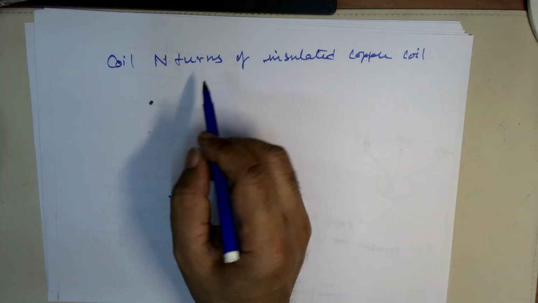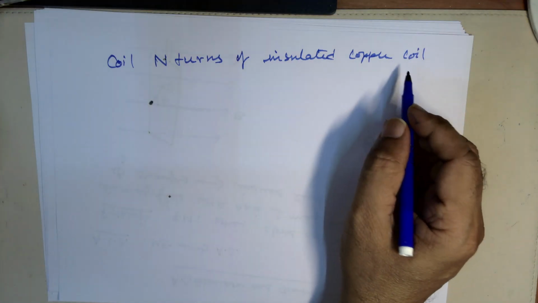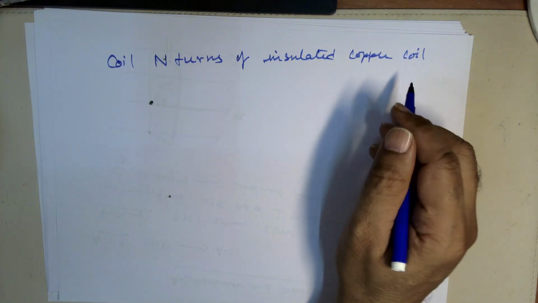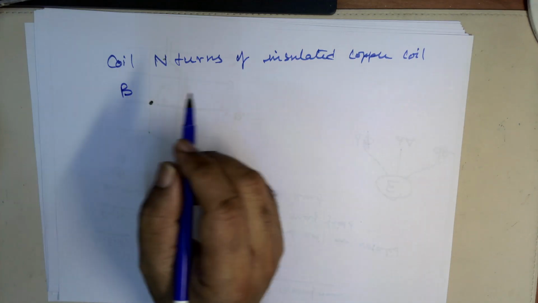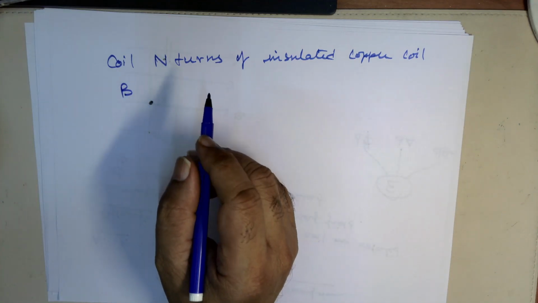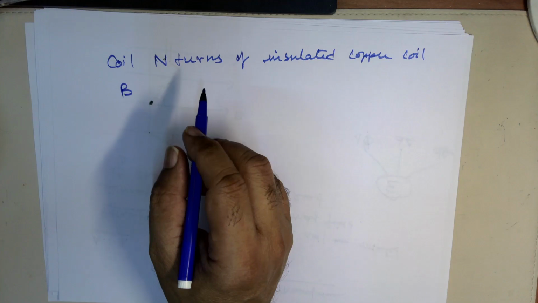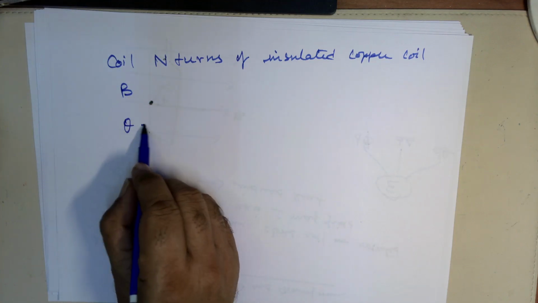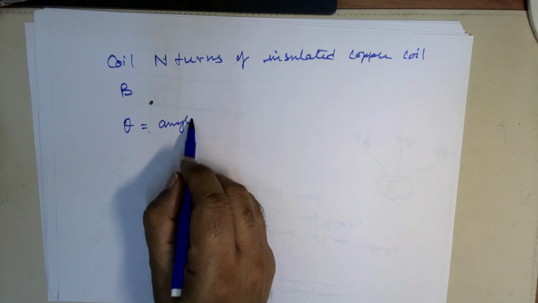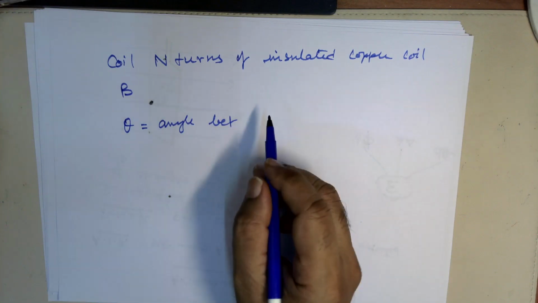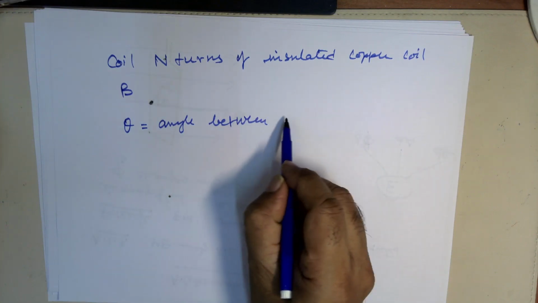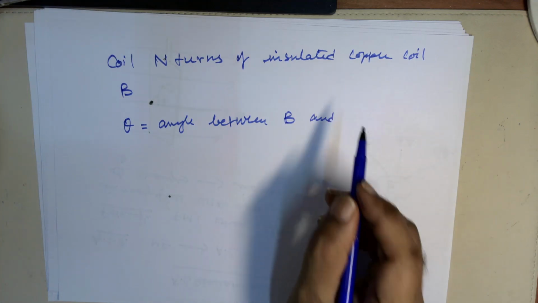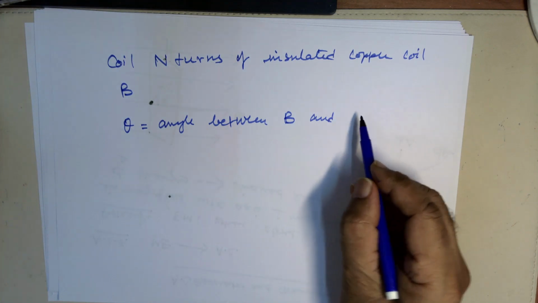Now this coil of n turns of insulated copper coil. Next one. The magnetic field is B. Listen to me very carefully. What is theta? Take down, the angle between the magnetic field lines and the area vector.